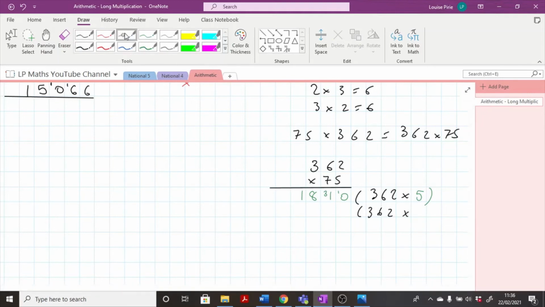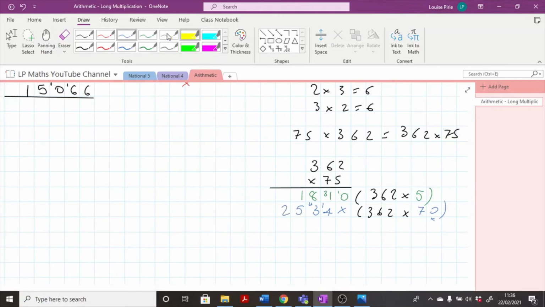But again, we're not putting that 0 in, we're going to put a cross in its place in the units column. And now we can go with 7 2s, which are 14. I can do 7 6s, which are 42, plus that 1 is 43. And I have 7 3s are 21, 21 plus 4 is 25.